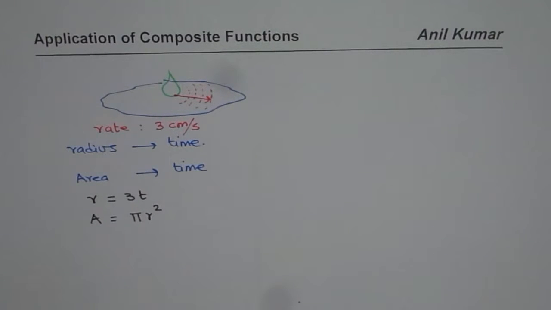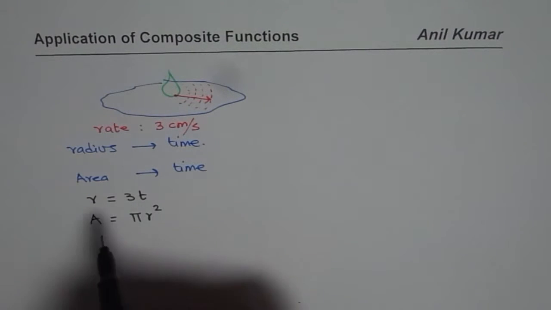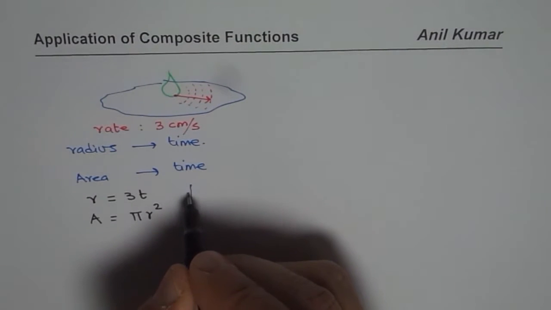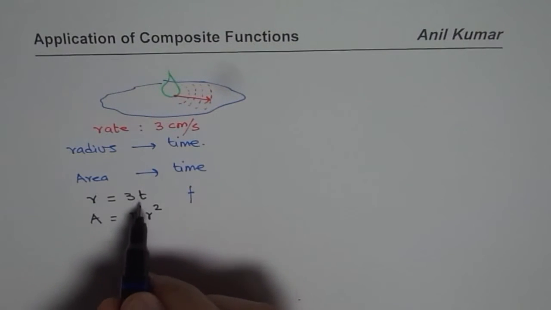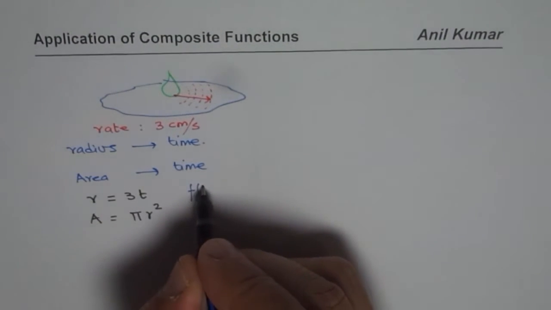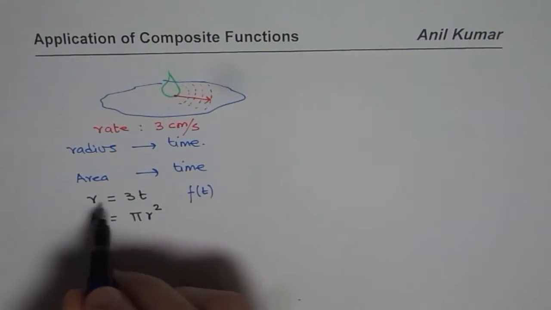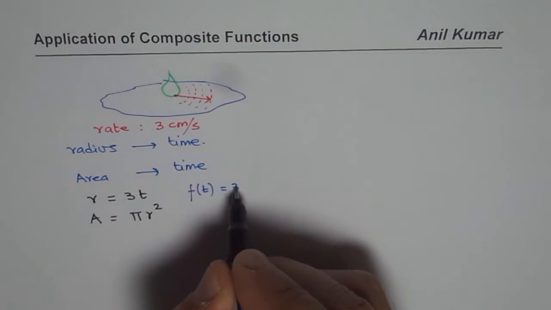Now this relation, area as pi r square, is in terms of radius. In terms of function notation, we can express these relations as a function f which is in terms of time t, and this function represents the radius as equal to 3t.